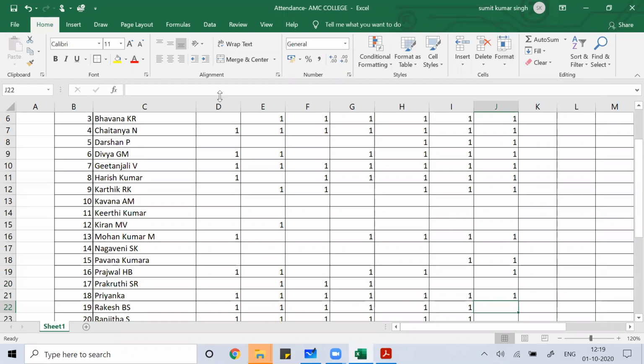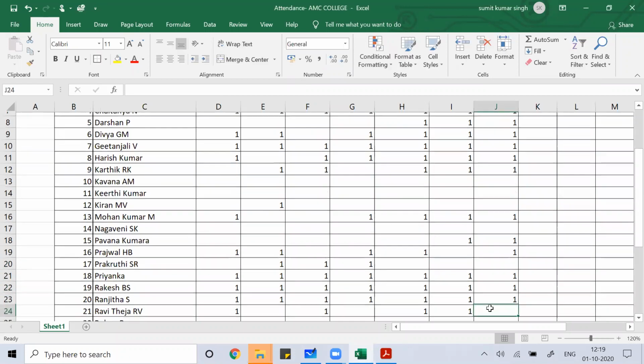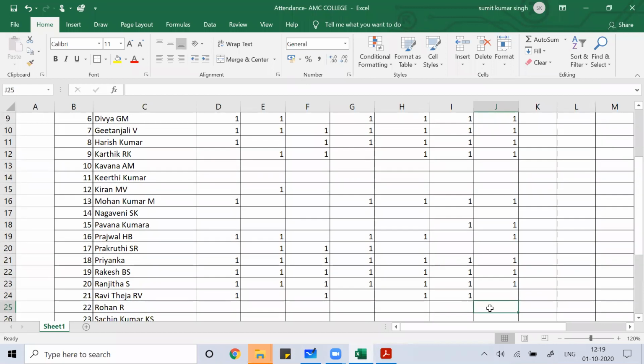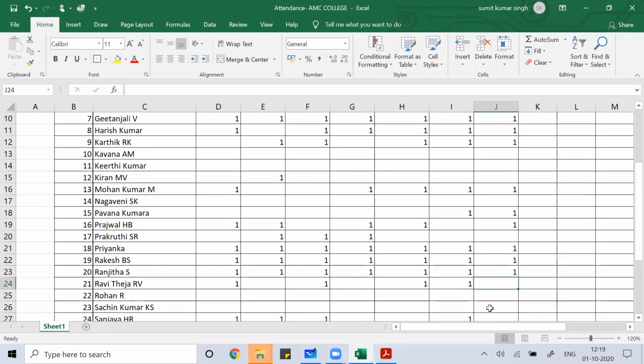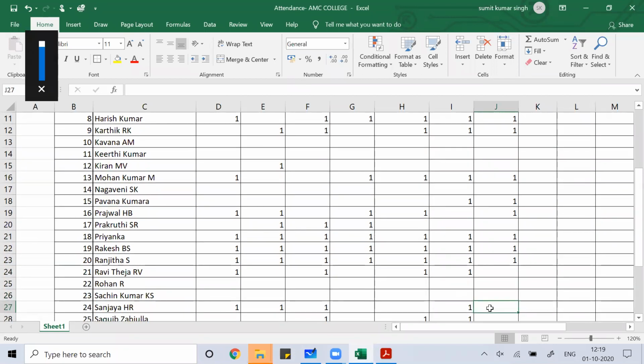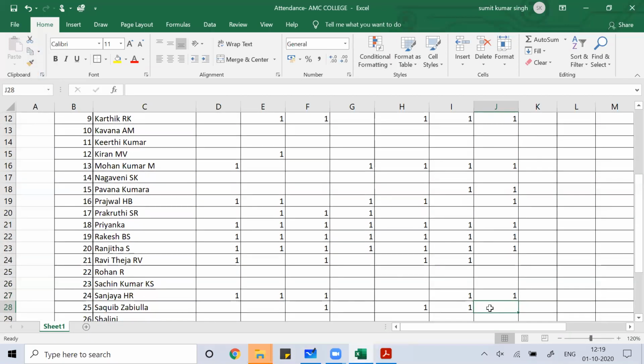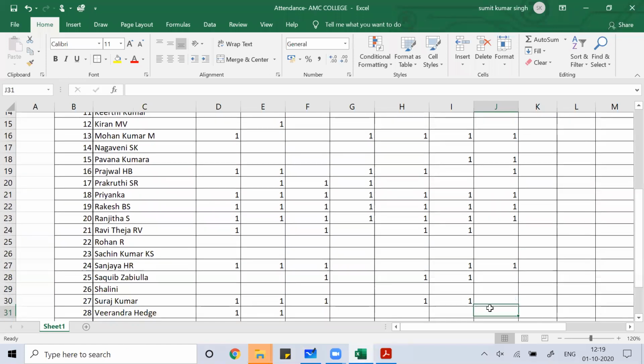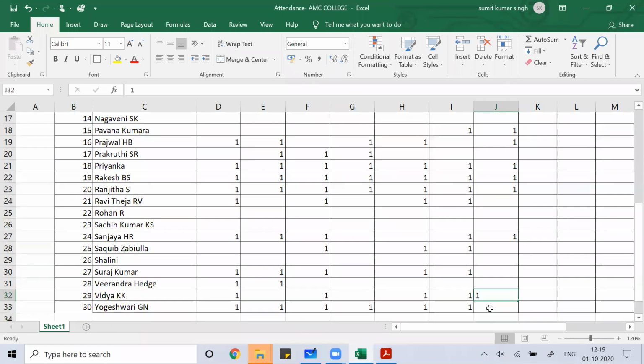Then Rakesh is there. Ranjita is there. Ravi Teja, Rohan, Sachin, Sanjay is there. Vidya is there. Yogeshwari is there.